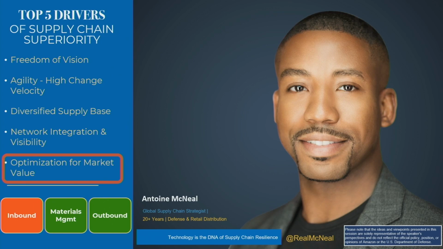As you see at the bottom of my chart, I segment the supply chain into three core process areas: inbound, material management, and outbound. And specifically, the material management and outbound are colored green because many companies have successfully developed processes and controls to successfully manage the material internal to their network and have strong outbound visibility.